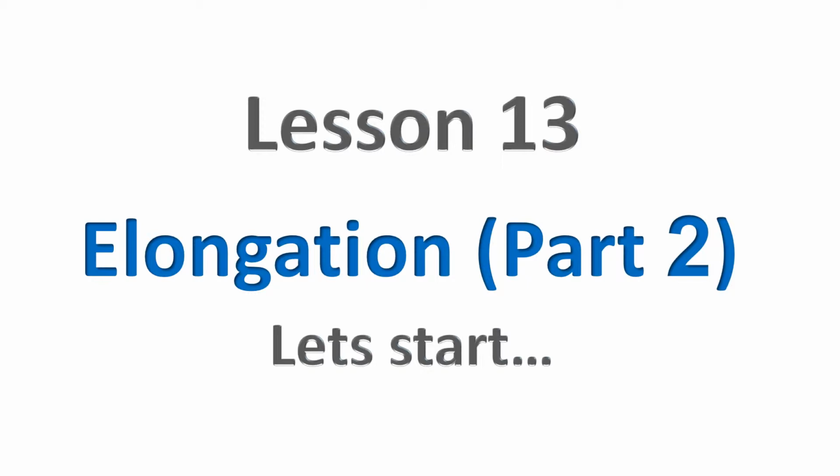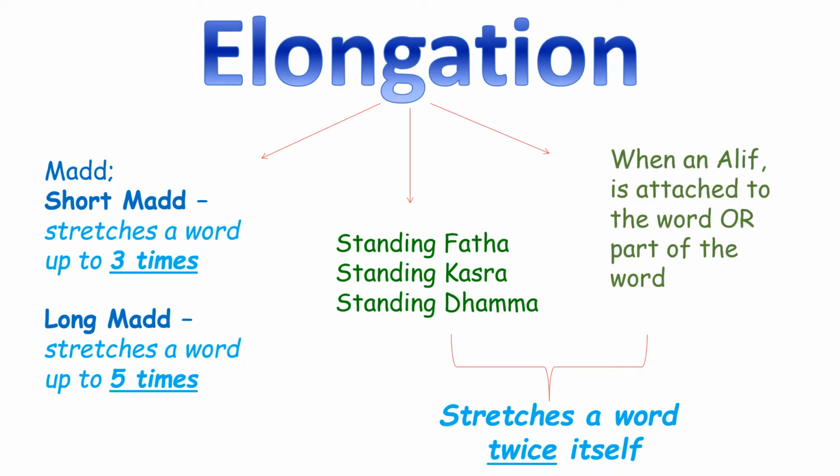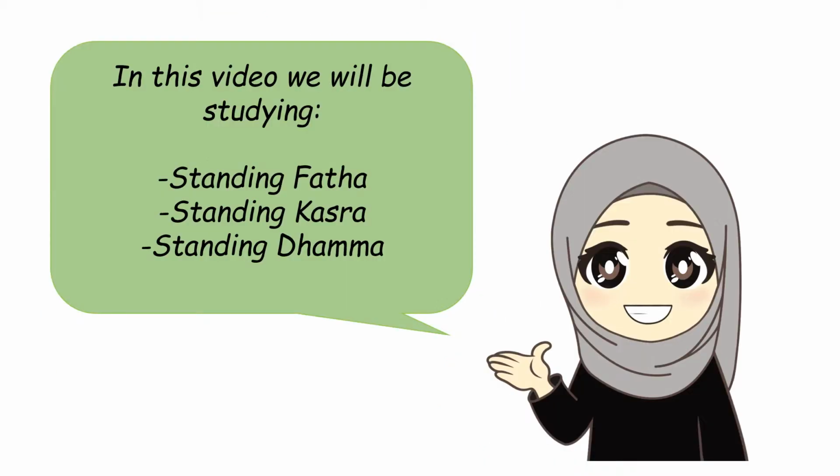Now in this lesson, part 2, we are going to be looking into detail of the standing fatha, standing kasra and standing dhamma. Remember, part 1 and part 2 of the elongation videos are about stretching the word twice itself. So basically, stretching the word a little longer, InshaaAllah. Without further delay, let's begin.